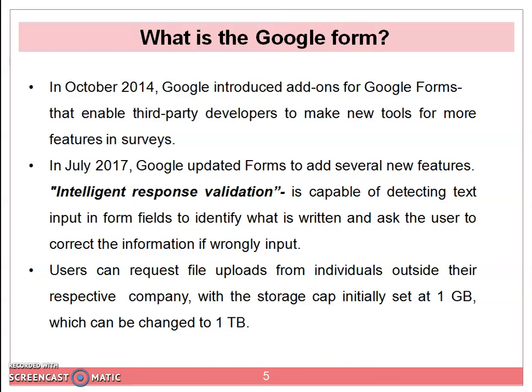Intelligent response validation is capable of detecting text input in form fields to identify what is written and ask the user to correct the information if wrongly input. Users can request file uploads from individuals outside their respective company with the storage cap initially set at 1 GB, which can be changed to 1 TB.